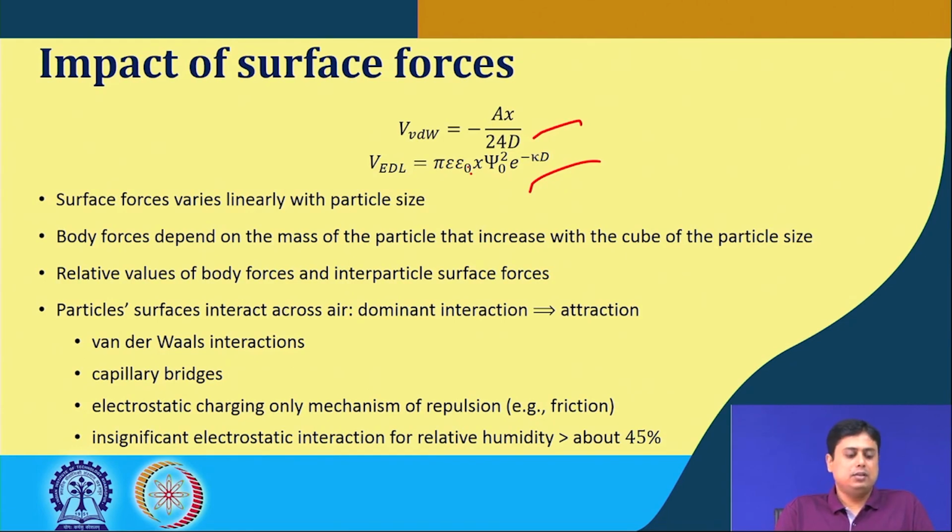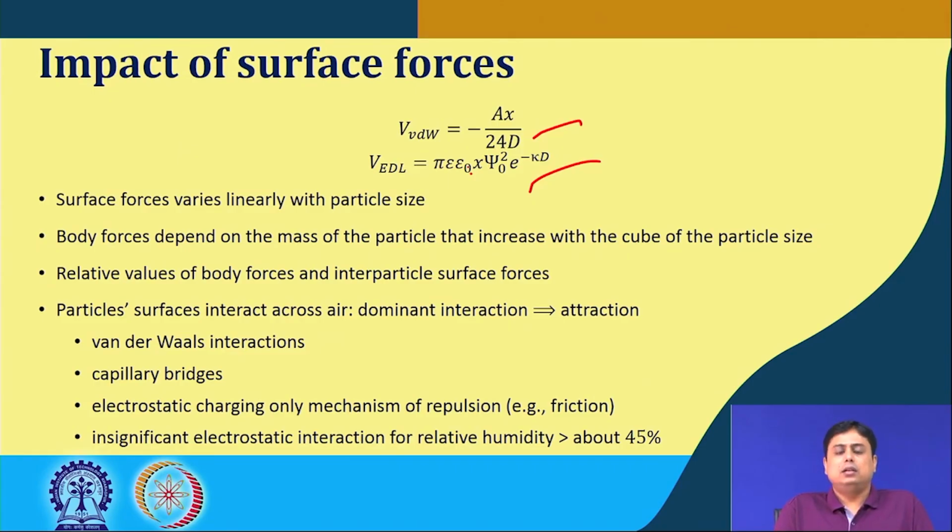Say particle surfaces are interacting with air. If nothing else is there, typically the dominant interaction is the attractive van der Waals force. Either it can happen by this van der Waals interaction, or through the capillary bridges that we have seen during the granulation studies. If you remember the funicular structures and pendular structures, those are the bridges that can form between the particles.